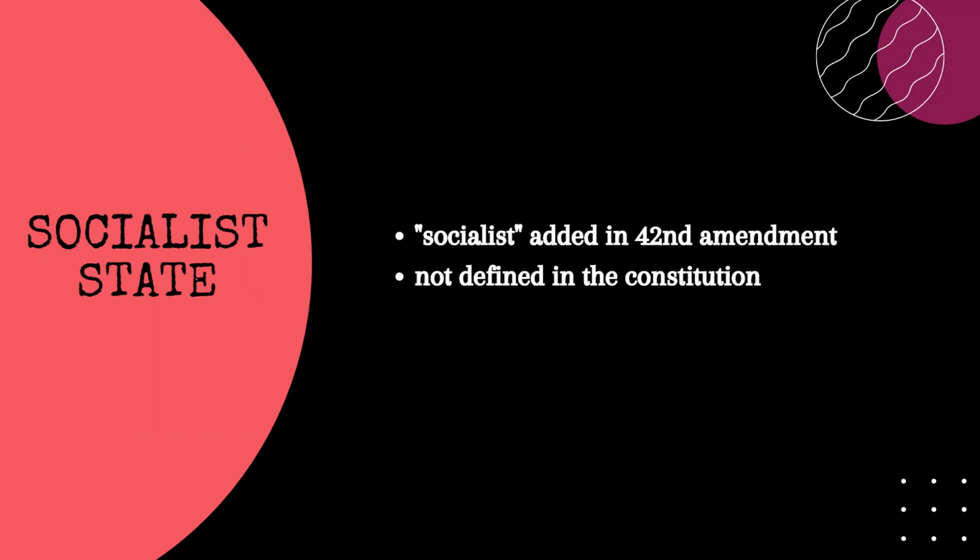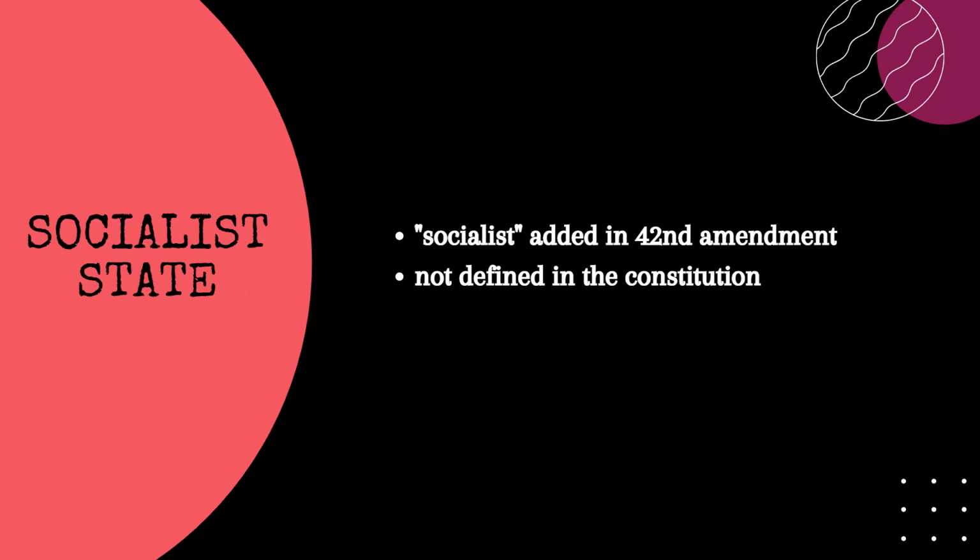Thus, the concept of socialism has been made explicit, and India's commitment to this ideal has been underlined and strengthened. The term socialist has not been defined in the Constitution. It does not envision a doctrinal socialism in the sense of insistence on state ownership as a matter of policy.